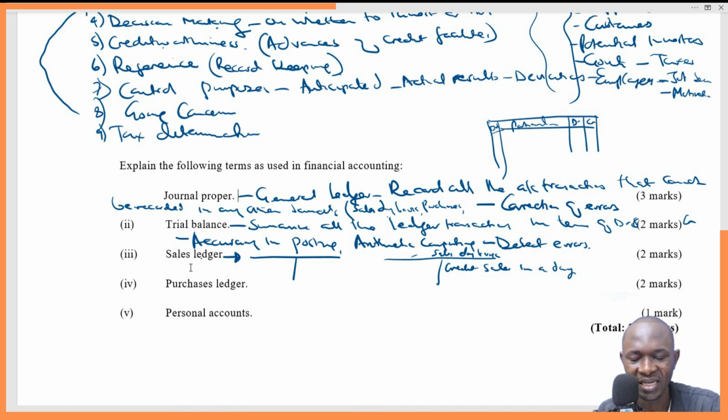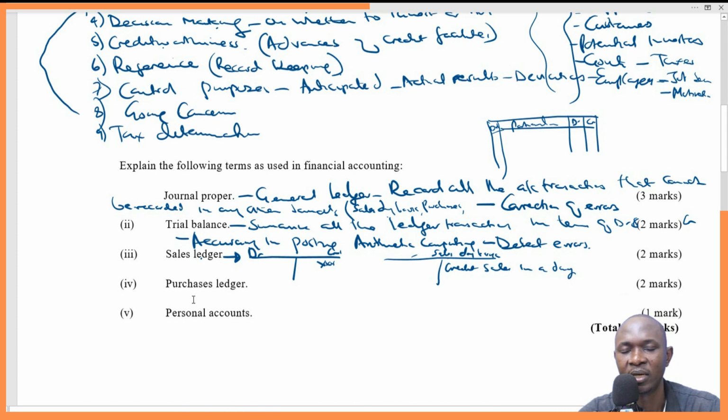But sales ledger is used to record all the sales, cash sale and credit sale. So long as it's a sale, sales ledger will be used to record that. A sales ledger has the debit and credit side, and normally sales is treated as a credit account because of the loss of the stock.